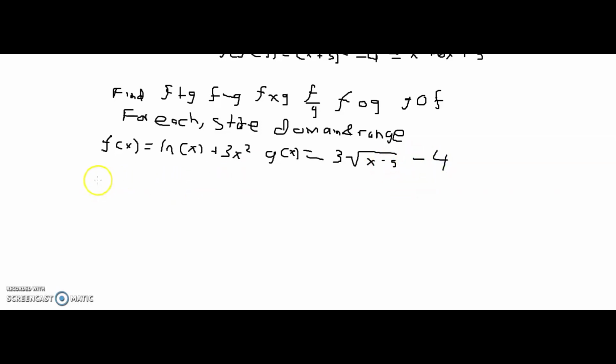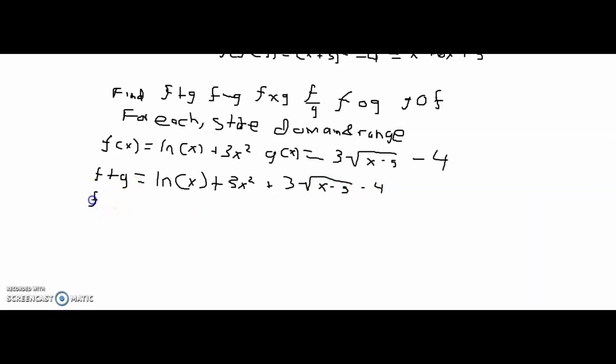So first we'll do f plus g. That we just combine, and there aren't any like terms, so we can just write it out. Natural log of x plus 3x squared plus 3 times the square root of x minus 5, and then minus 4.